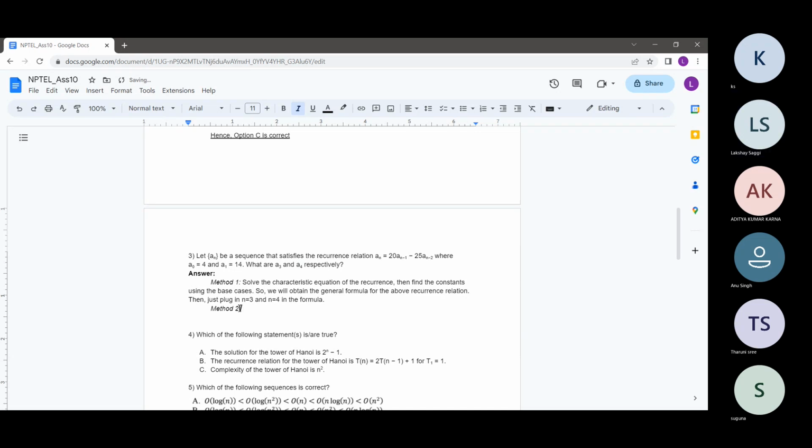I'll just state the method also. Recommended here. So what's the second method?